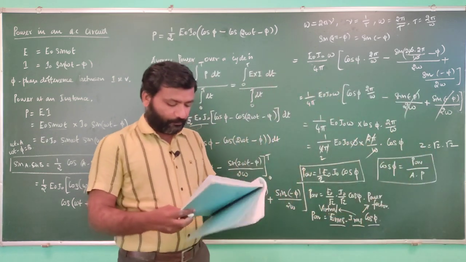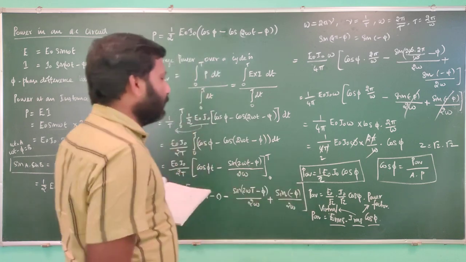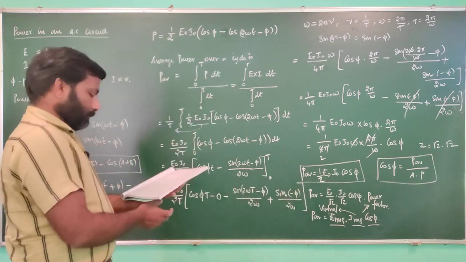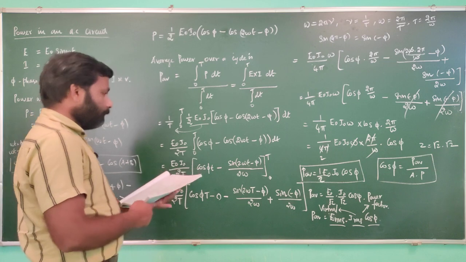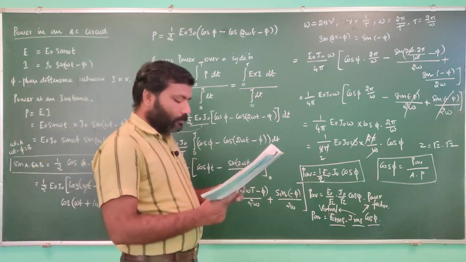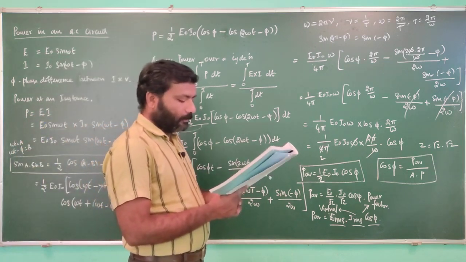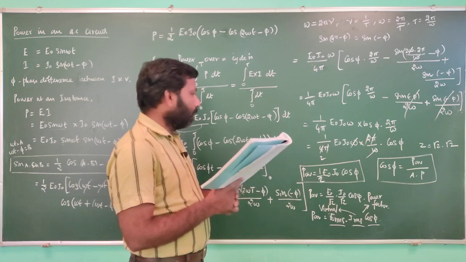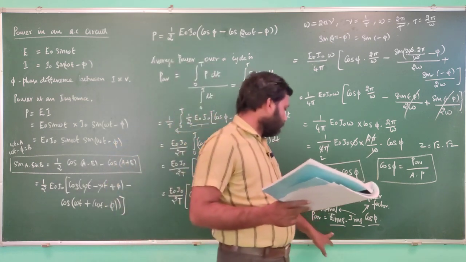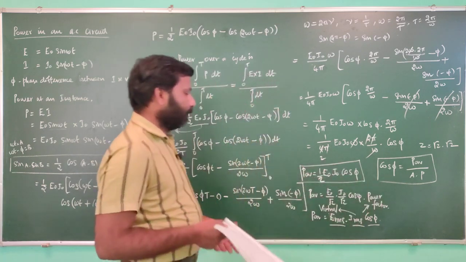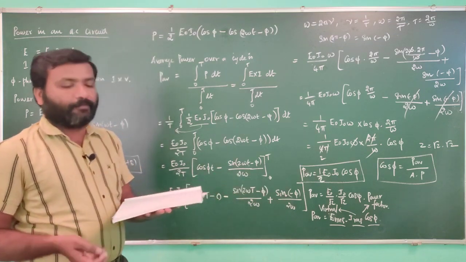Okay, so if we want to calculate the true power, we have to multiply apparent power with power factor.